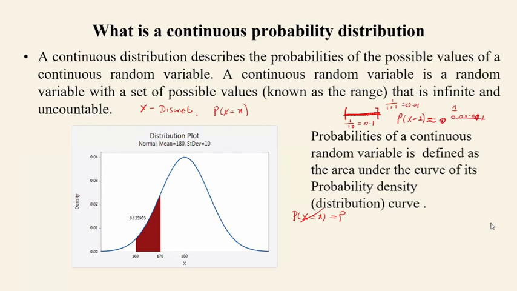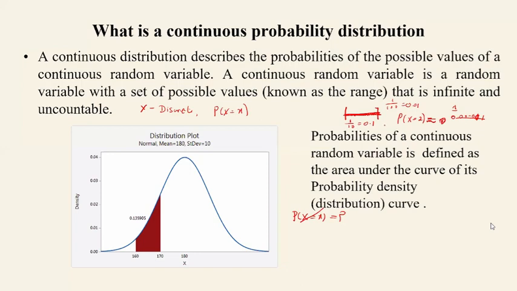So if we are asked to calculate the probability for a continuous random variable at a specific value, then without any doubt you can say that it is approximately 0. Right? Because the total probability is 1, and within that we have to assign the probabilities for each and every point, so it will be very, very small.